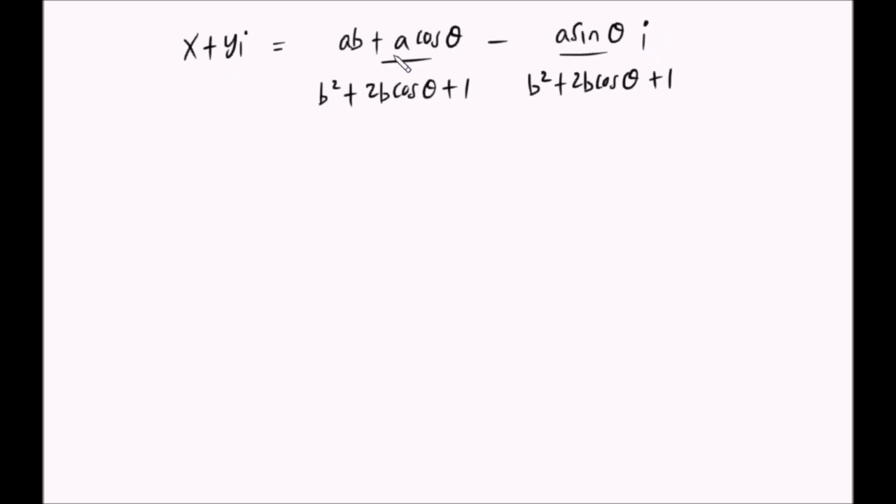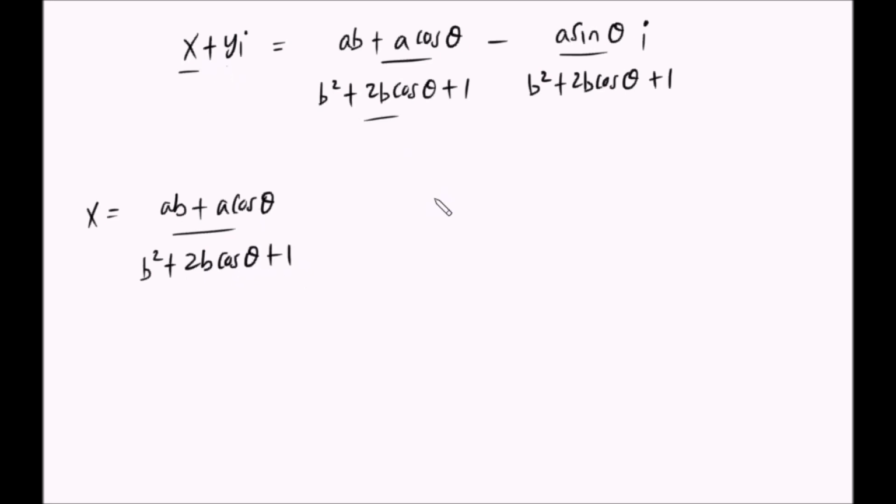So the real part on the left hand side is x. So we have found x is ab plus a cos theta over our denominator b square plus 2b cos theta plus 1.